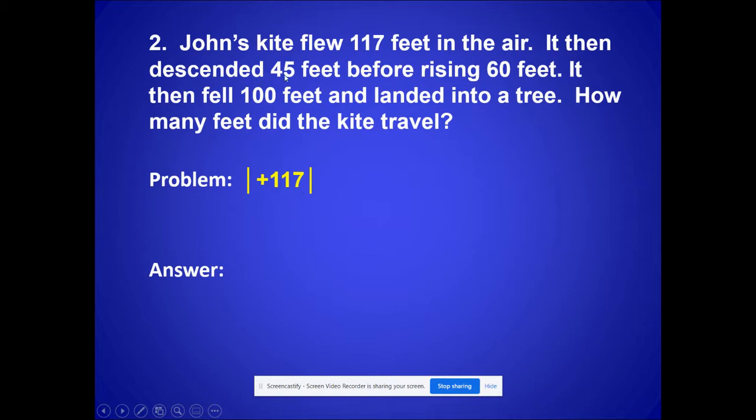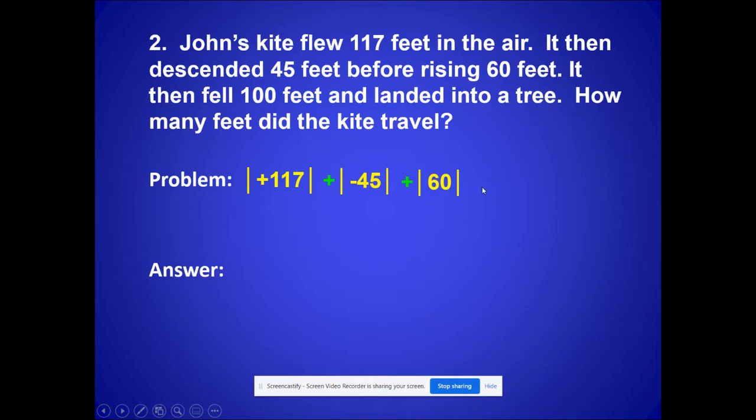It then descended 45 feet. Well, descend means it's a negative term, so we're going to add the absolute value of a negative 45. And then it rose 60 feet. So we're going to add the absolute value of a positive 60. It then fell 100 feet and it landed into a tree.